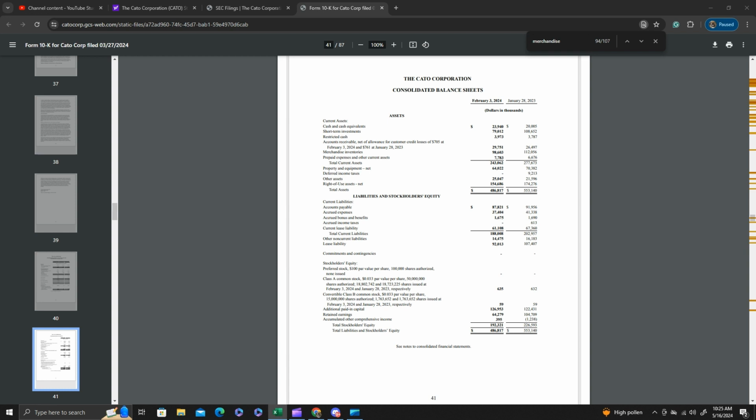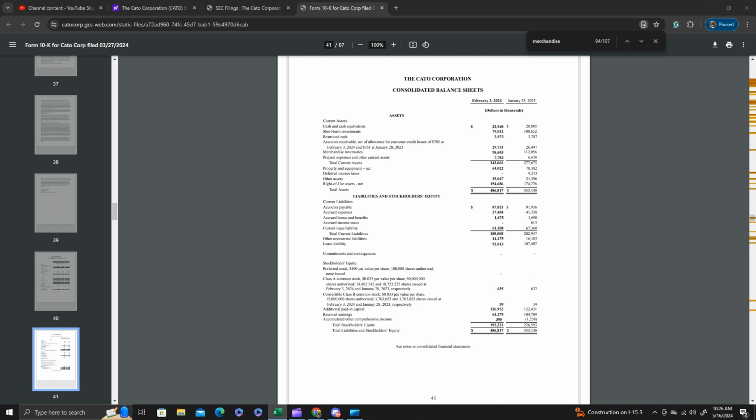So we got property, plant, equipment of 64 million. 64,022. Deferred income taxes, we have 0. 25,047. And 154,686. Alrighty.